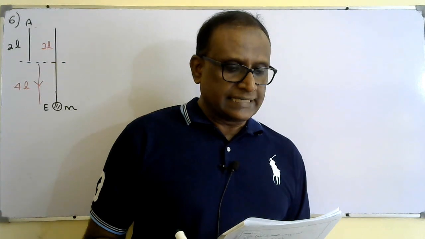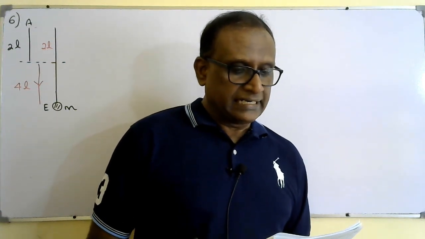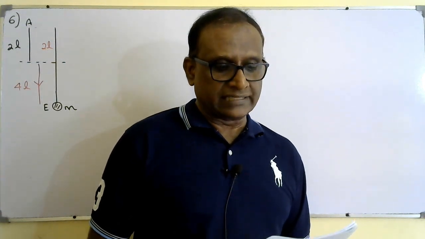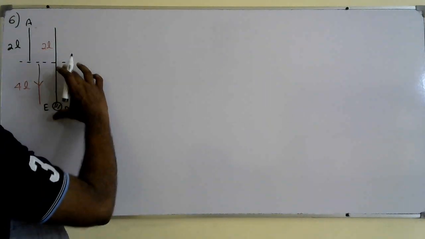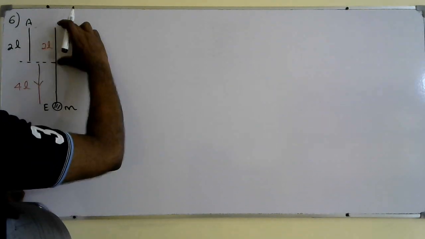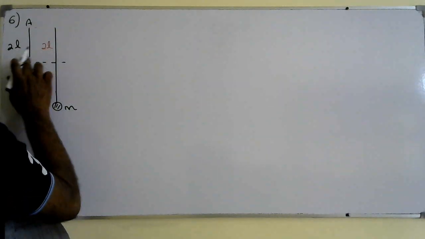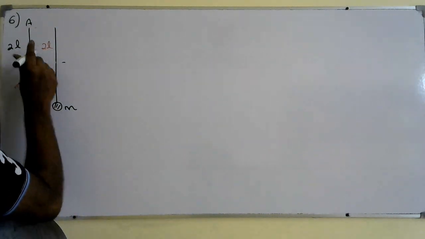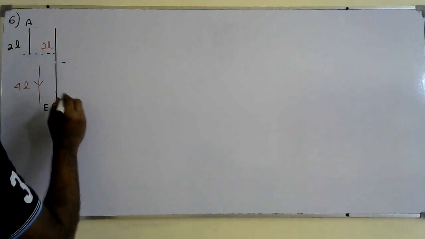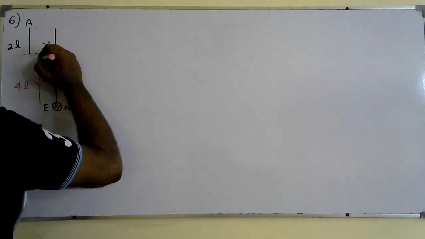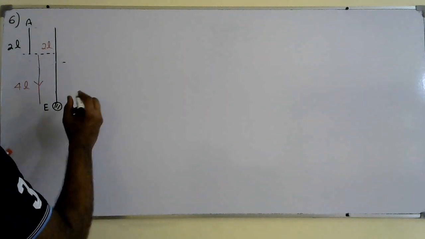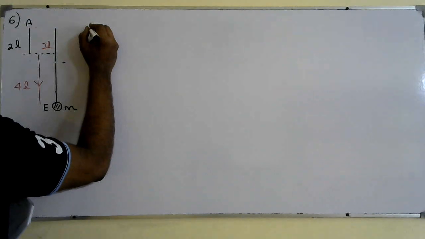The particle P is then raised a vertical distance 2L and released from rest. So they are moving it 2L, which means this is 4L and this is 2L. Like this we can draw it, vertically raised up by 2L.